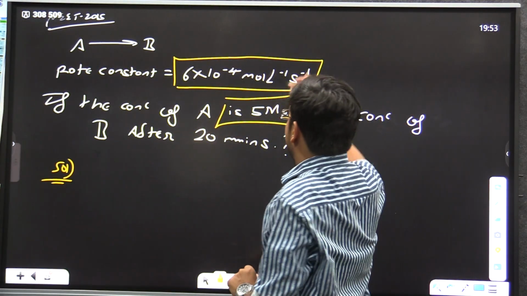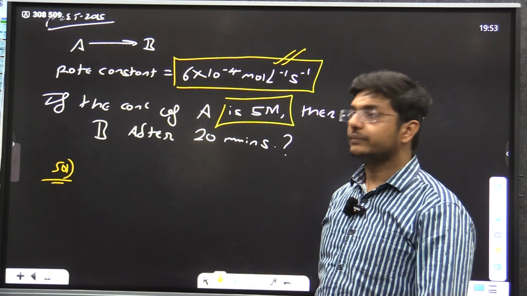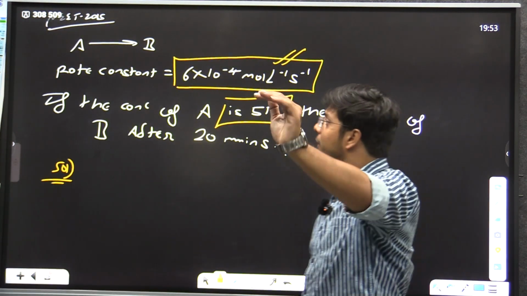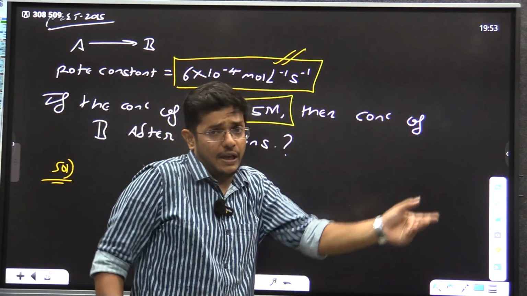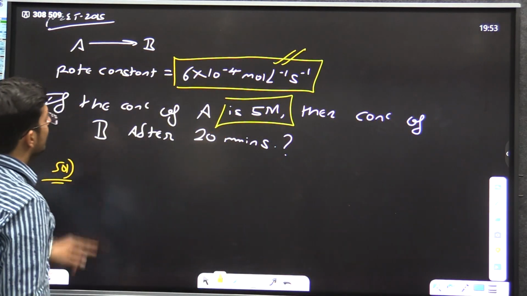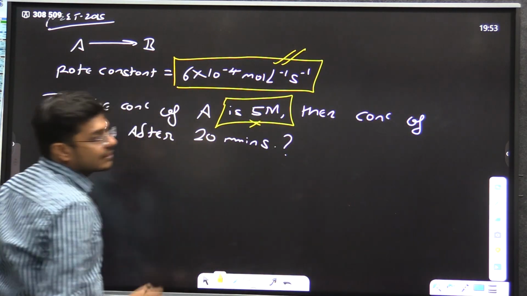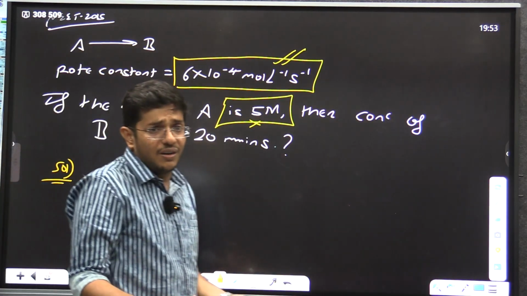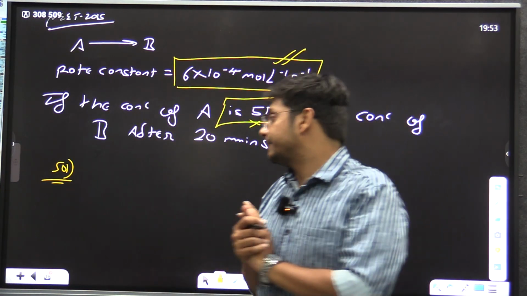How can I identify this is zero order? By the unit of this value. Okay, in the next lecture you will learn the value of rate constant, or I hope you will know. So we do nothing with this. Why? Because a zero order reaction is independent of the concentration of the reactants.